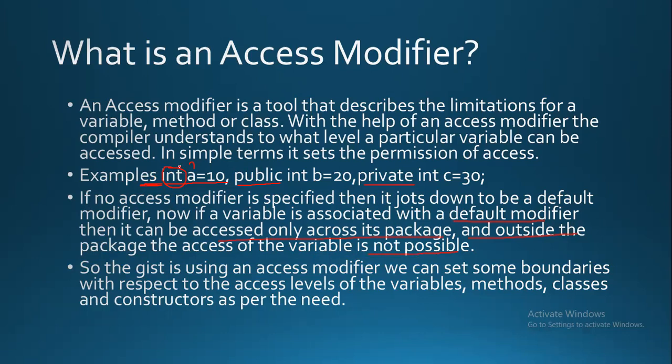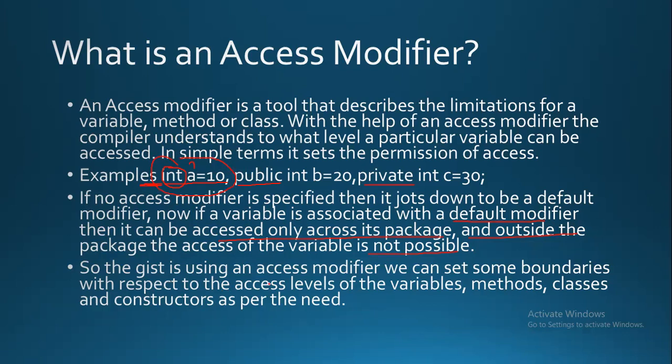If you try accessing it outside the package, then it throws a compile time error. So this is how the permissions with respect to access are set on variables, methods, or classes.